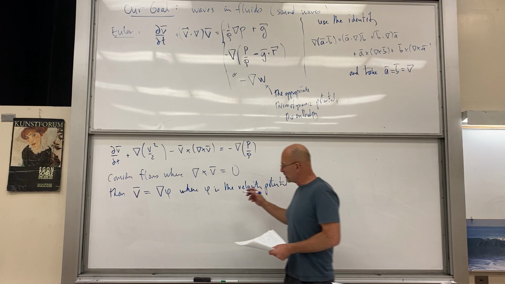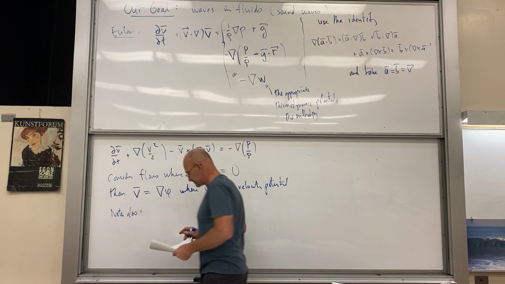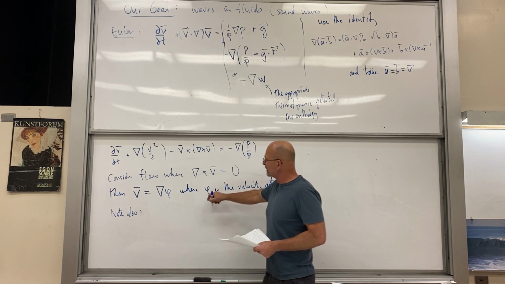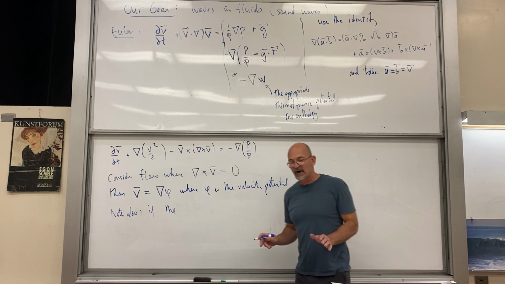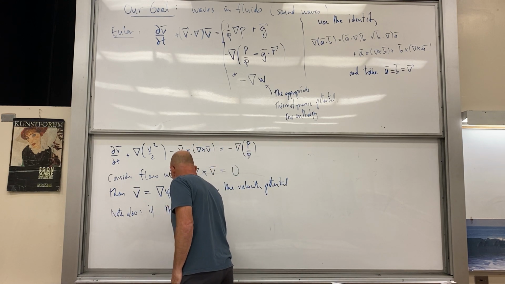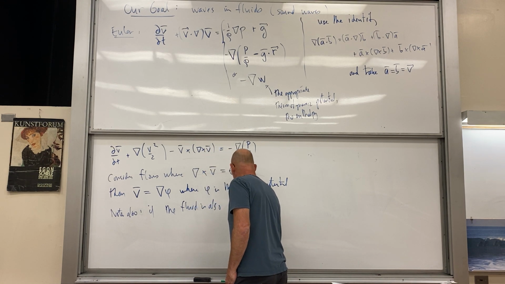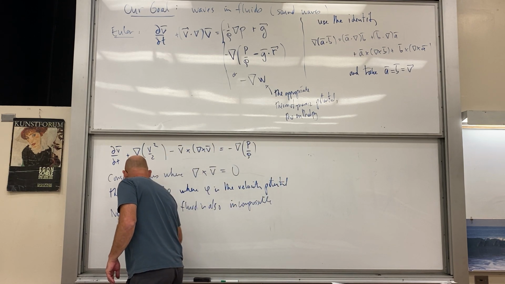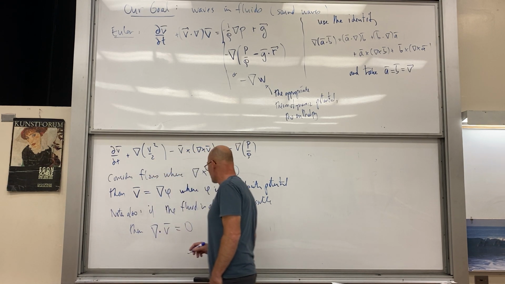I'm going to add a note. Also, if the fluid is incompressible, we're going to end up with another differential equation. So let's just write this down. The fluid is also incompressible, then the divergence of V is equal to 0.